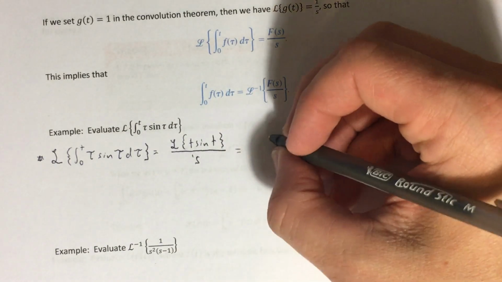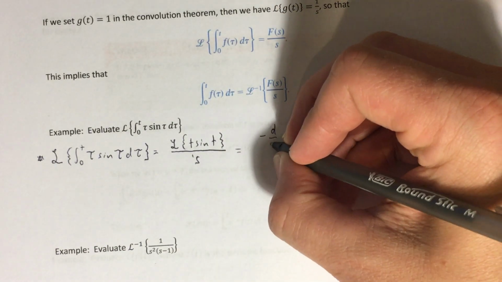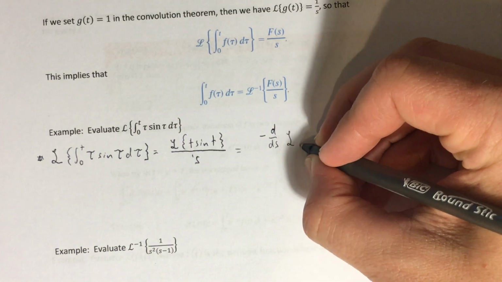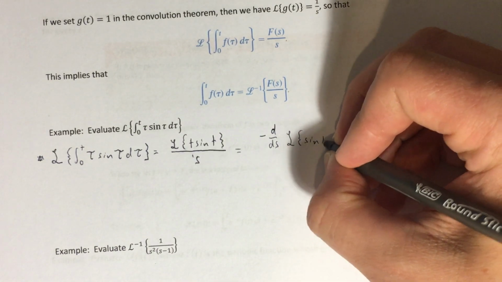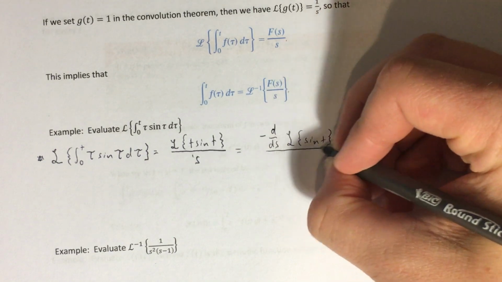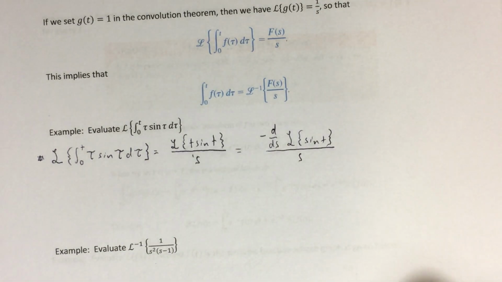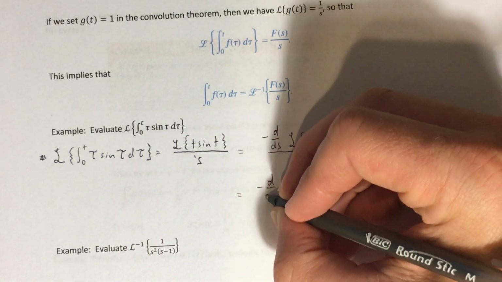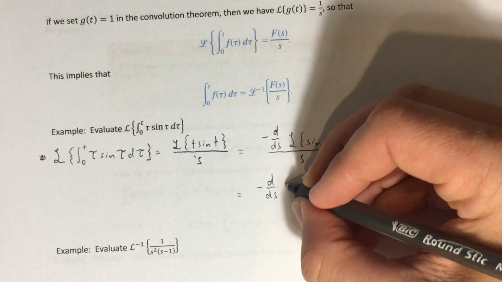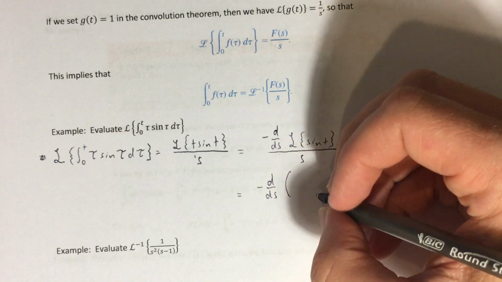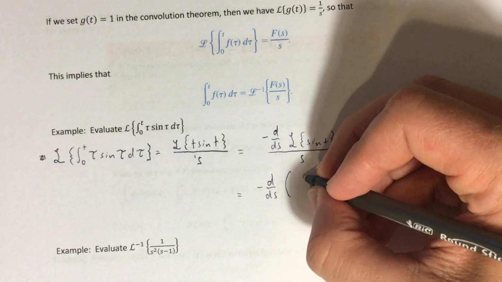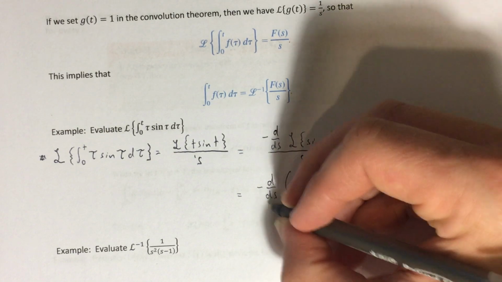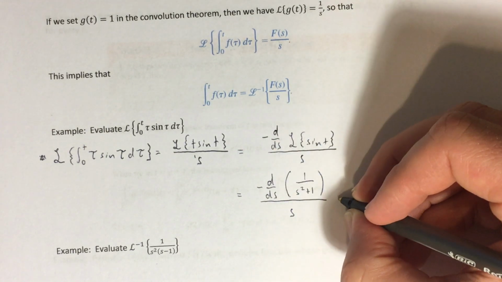So this would equal negative d ds of the Laplace transform of sine of t, and this is still over s here. What is the Laplace transform of sine of t? Well, we know this one already. It's equal to 1 over s squared plus 1.